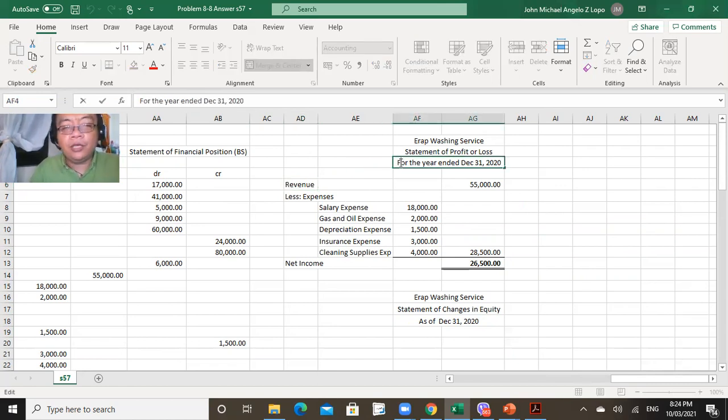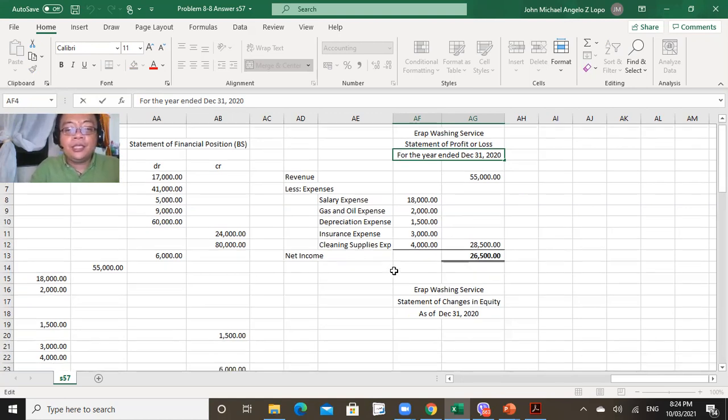But the statement of equity and the balance sheet are real accounts. If real account, it should be as of because it is cumulative, meaning you add the previous amounts, unlike in the statement of profit or loss.